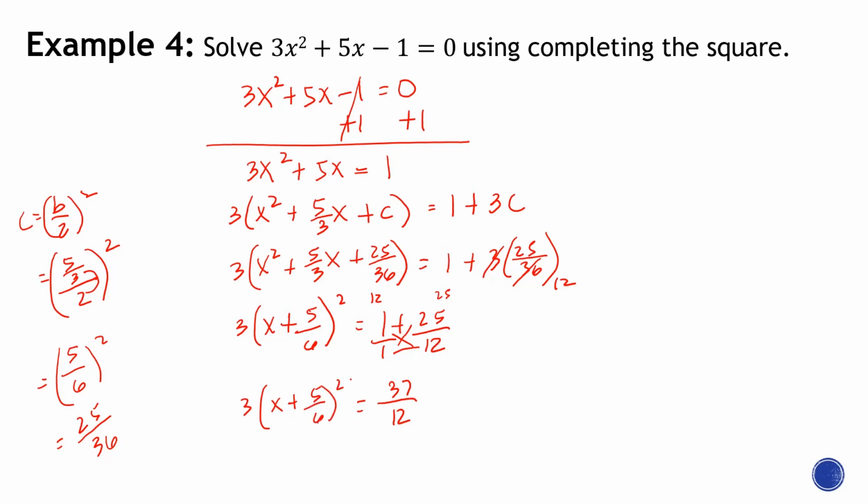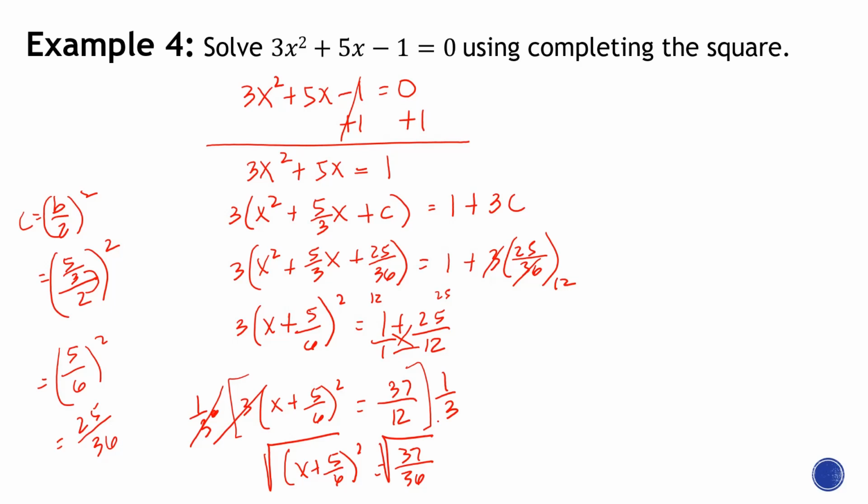Okay, next, we want that 3 to go away. We could divide both sides by 3, but if we do that, it's going to be a complex fraction on the right side. So just like what we did in the last 2 examples, I will multiply both sides by 1/3. So this is going to be x plus 5 over 6 squared equals 37 over 36. And then we will take the square root of both sides.